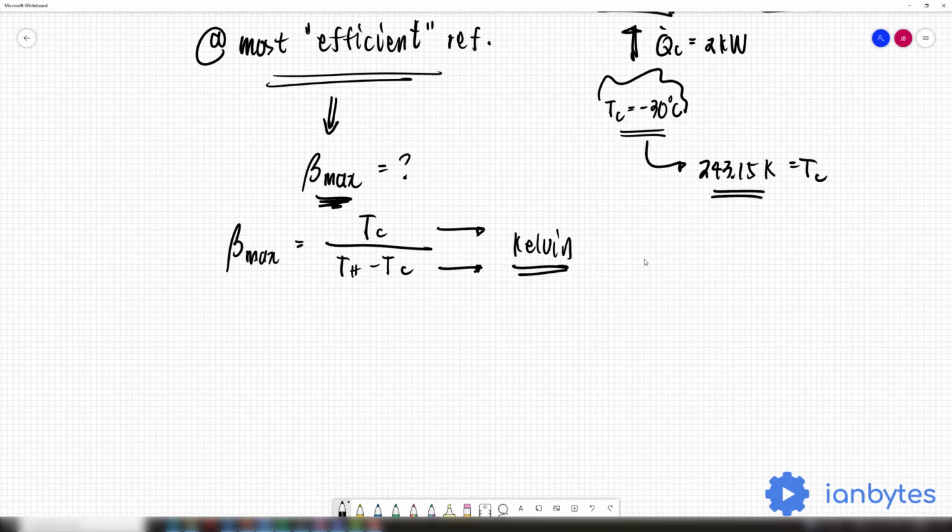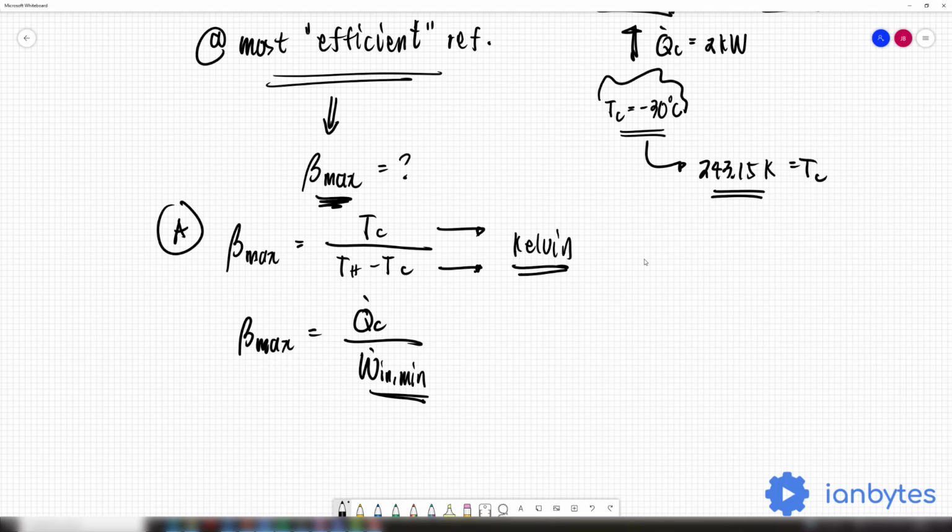Take note that whatever beta max that we can obtain using this formula, that is formula A, can be equated to Q dot C, which is basically the cooling effect inside the refrigerator, divided by the power input in our refrigerator. And take note that this power input is minimum because the coefficient of performance is maximum, theoretically maximum.